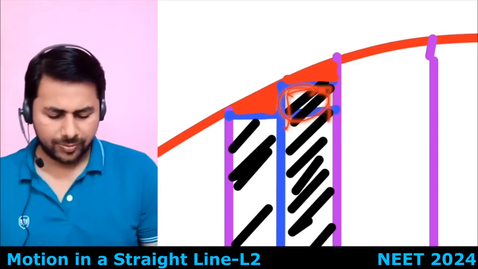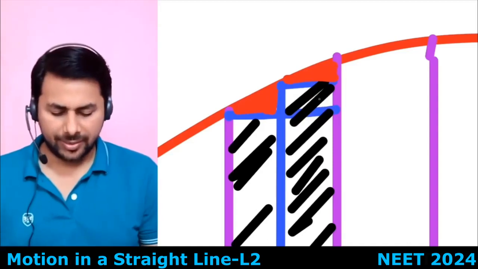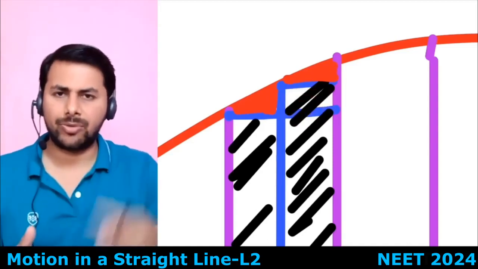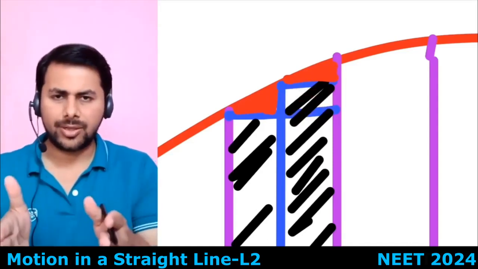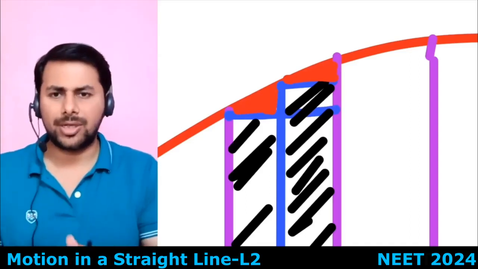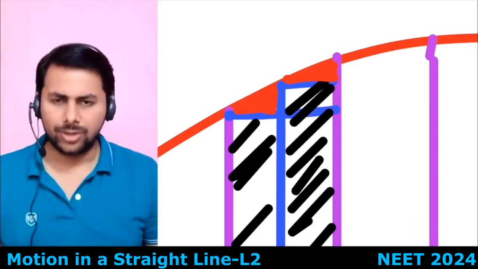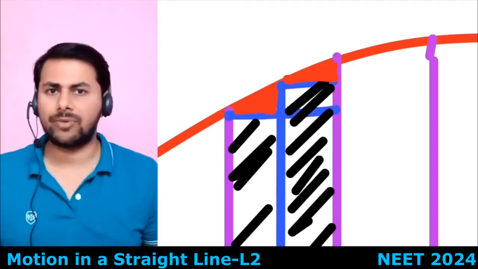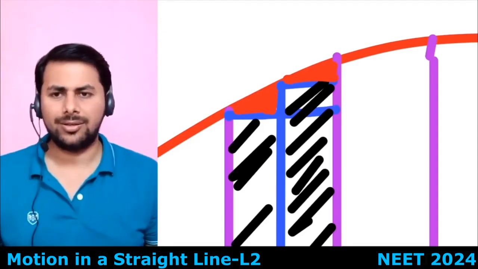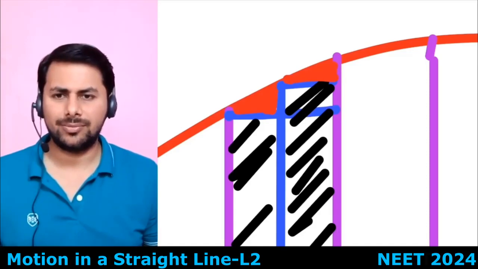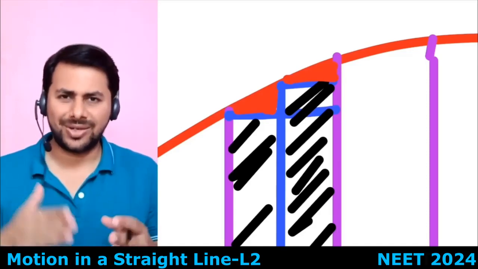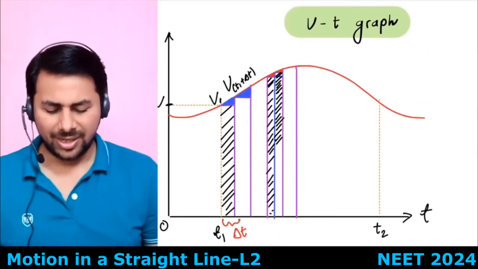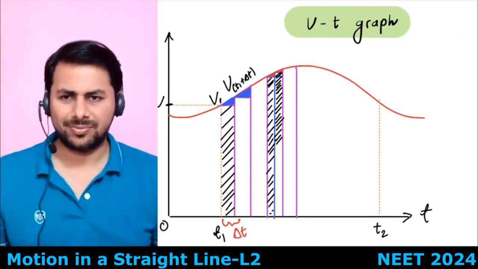We managed to remove this much extra area as we broke this total interval into two small intervals. So now you can imagine, if we break it into more intervals, what will happen to the error? The error will become 0. If the number of intervals is infinite, the error will become 0.